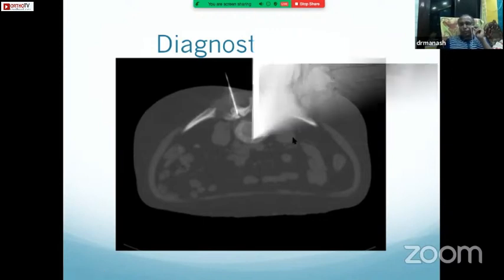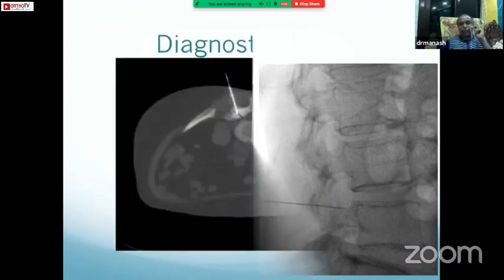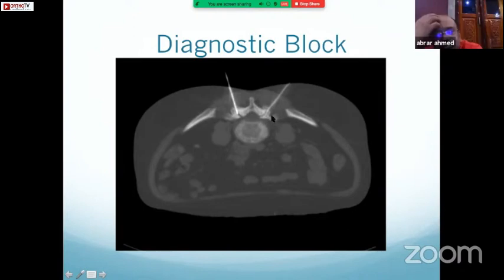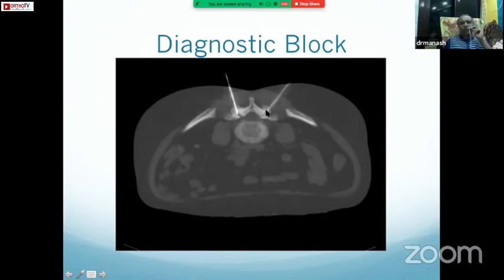This transforaminal injection actually produced a severe motor deficit immediately. We were a little bit scared at that time, but it recovered well, and she got good relief for around 3 months. But the pain recurred, so she came back to us, and this time we decided to do the left-sided RFA.